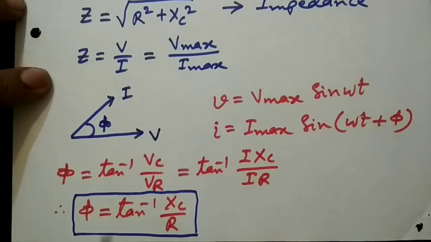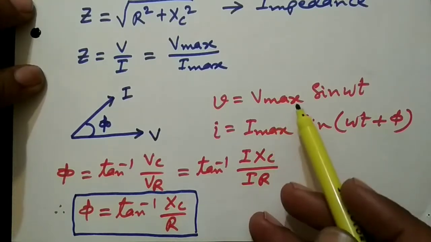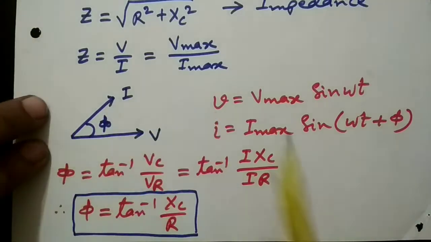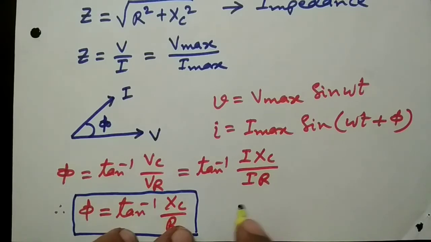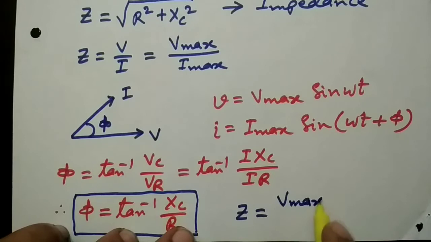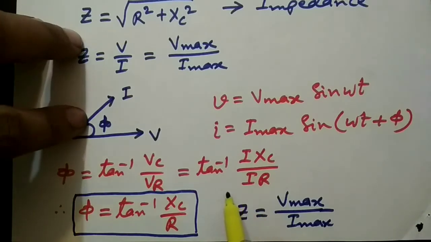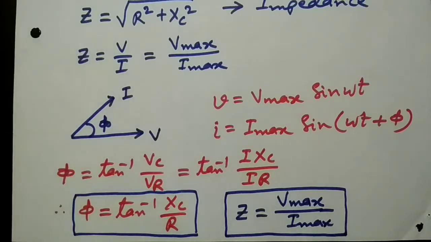And here the relation between Vmax and Imax that we have already mentioned is Z, so we can further write Z is equal to Vmax upon Imax. So these are the relations of the voltage and current, impedance and their phase angle.